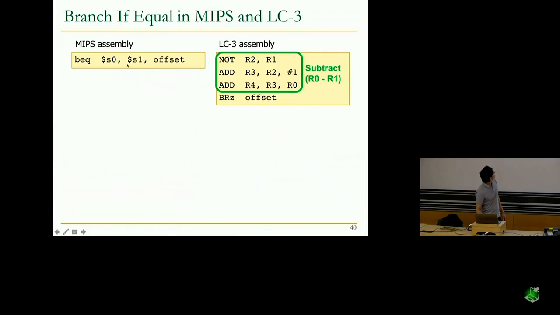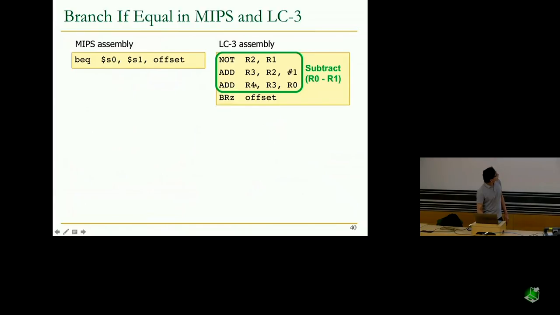The 2 registers are, recall, S0 and S1. Here in this assembly they are R1 and R0. So the first thing that we do here is calculate the 2's complement of R1 that will be stored in R3. That's why this addition operation is adding R3 and R0, which is the same as subtracting R1 from R0.